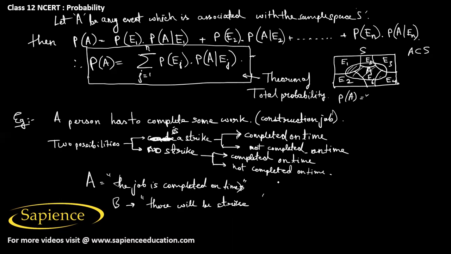Here we have to find the probability that the construction job will be completed on time. So we have to find the probability of A.